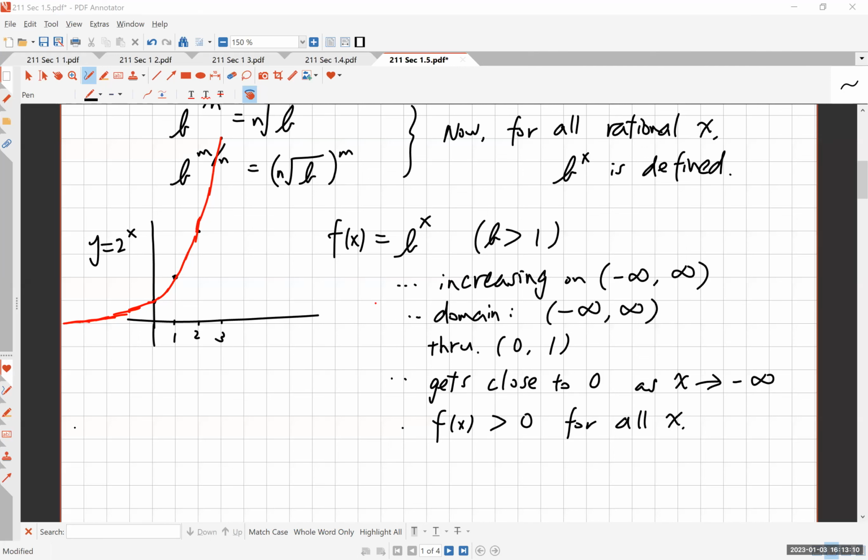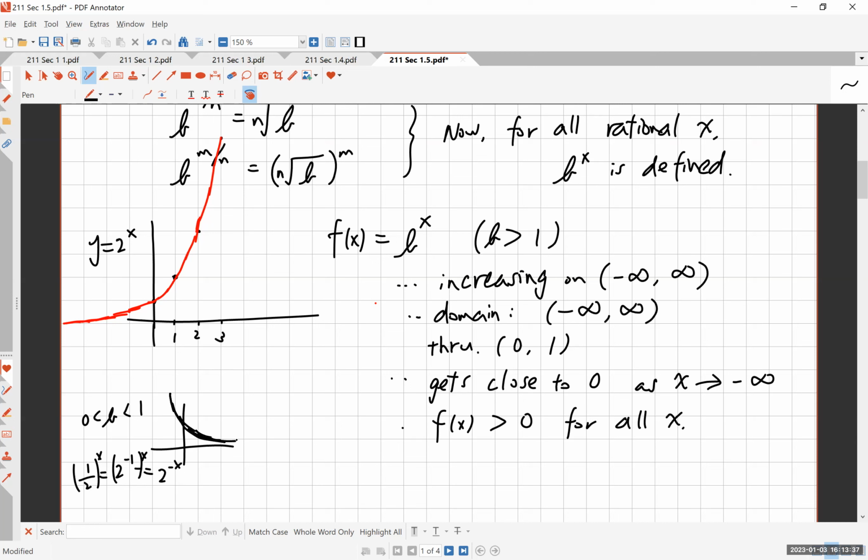And by the way, if b is less than 1, what you'd have is the opposite of this. Basically, if b is 1/2, then 1/2 can be written as 2 to the negative 1. So 1/2 to the x is going to be 2 to the negative x. So it just becomes the opposite of this.